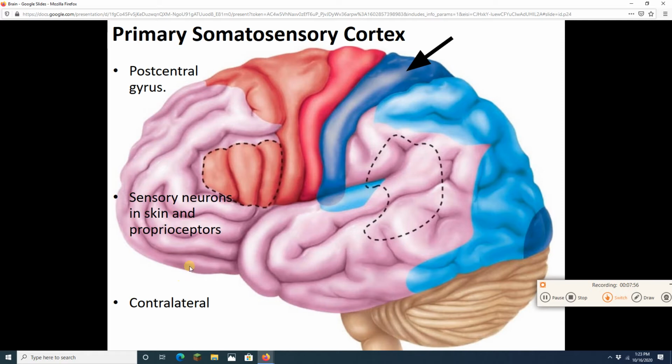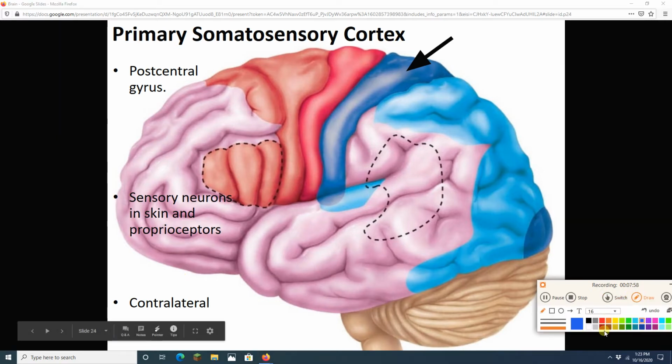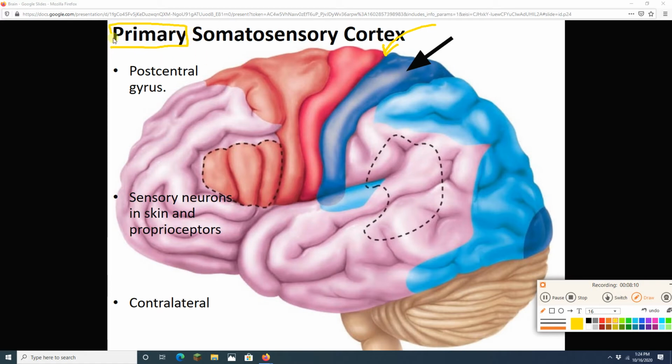We are in the postcentral gyrus. Right here is my central sulcus. So this blue guy here is my postcentral gyrus. It is the primary, so first, most important, somatosensory cortex. Somato, body. So we're sensing the body here. We're going to be aware of things like touch and proprioception.